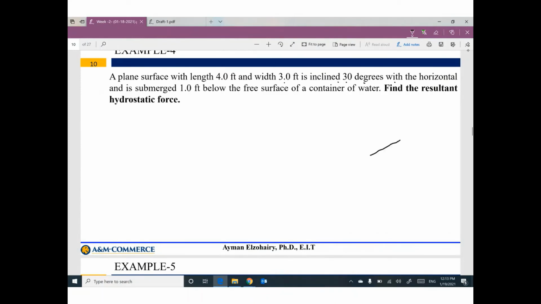So we have this plate or this surface inclined with length 4 feet, with 30 degrees with the horizontal. This angle is 30 degrees. We have a water surface. So we have this submerged distance 1 foot.